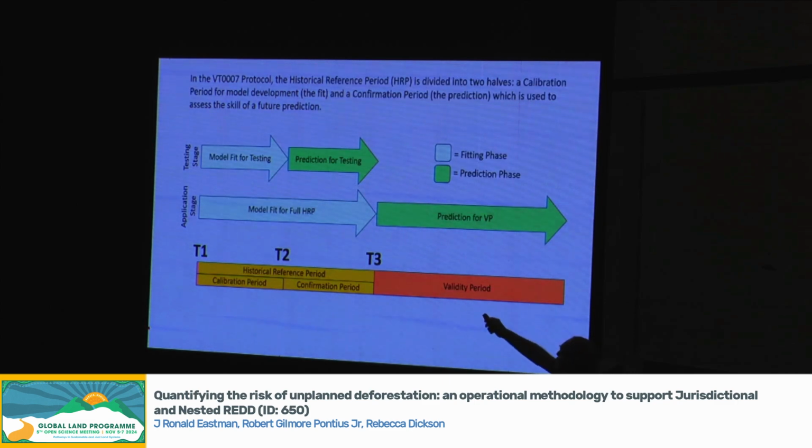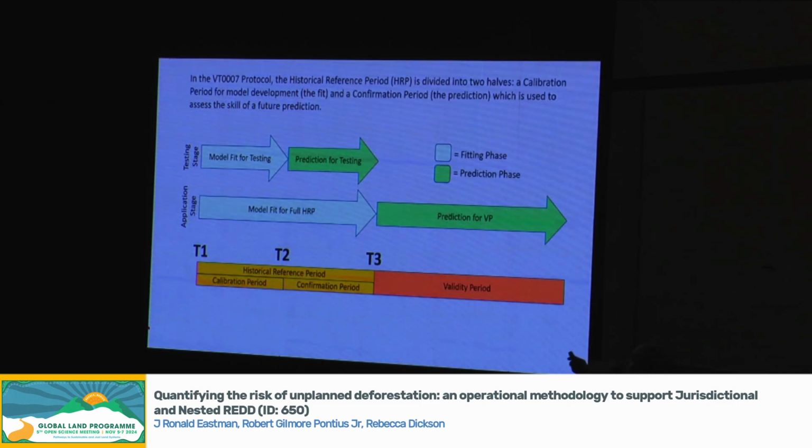And so you can see here at the testing stage, in the blue here, we have model fit for testing. So we take our calibration data, we calculate the deforestation, the relative frequencies, we then project it forward to the confirmation period, and then we do that test with the grid to see how well it did. We calculate the median error.